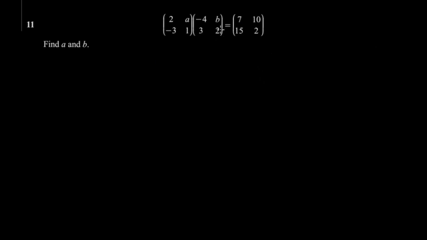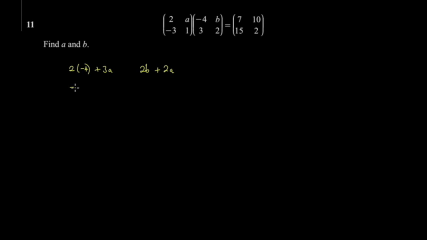Let me see if I can do the whole thing. So the whole thing would be saying 2 multiplied by negative 4, then you say plus 3a on this part. Then you have to say 2 multiplied by b plus 2a, you say this part.